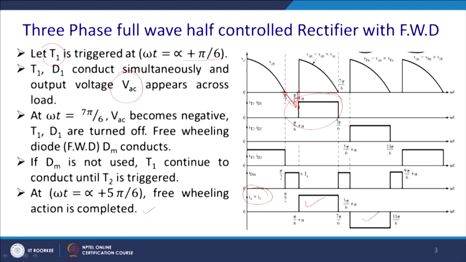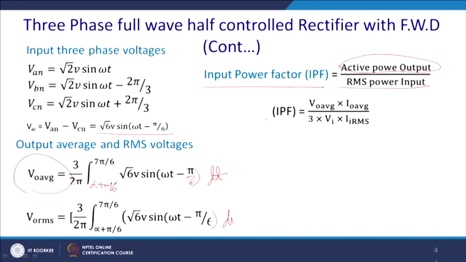The effective average value will come down, and thus the input power factor will be lowered, and this is the expression of it: IPF, the voltage average and the current average, by 3 Vm Im RMS value.